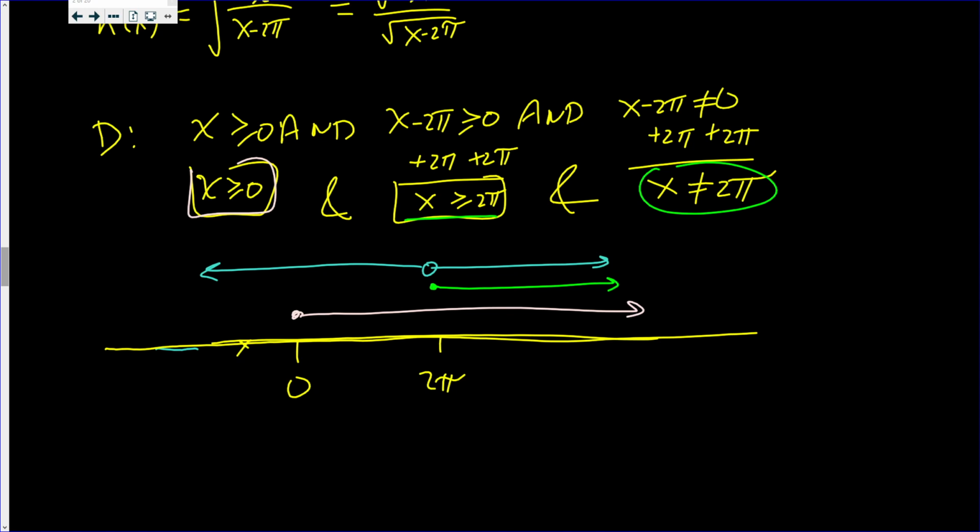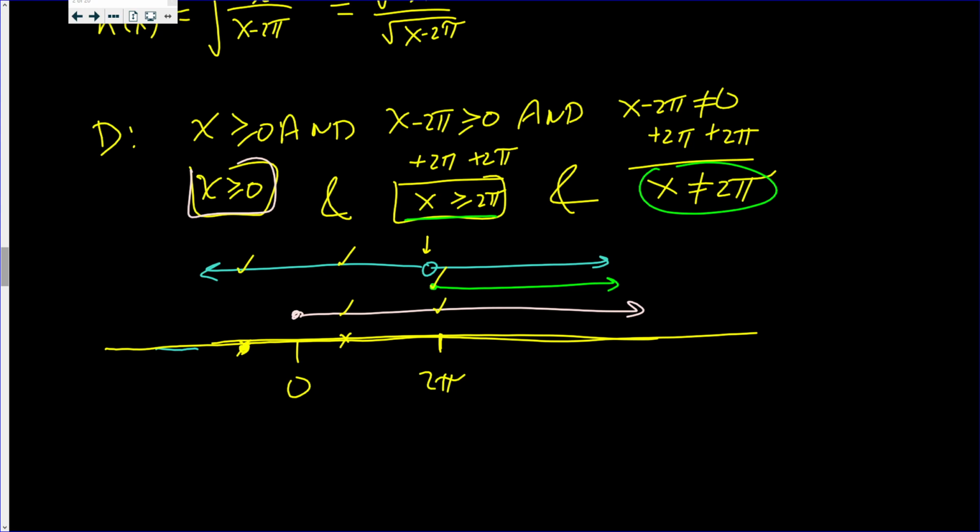Well, for example, this point here only has one line above it. This point here has 2 lines above it. The point 2 pi only has 2 lines above it, because the third line doesn't have a point there.